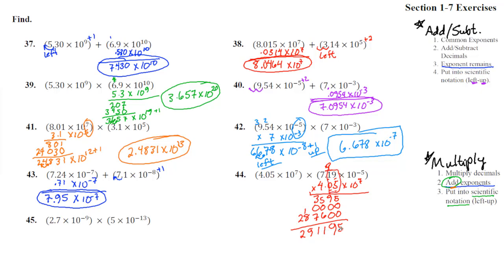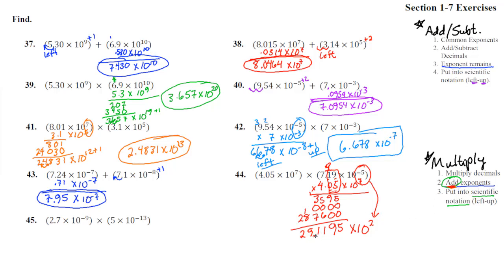So we need 1, 2, 3, 4. 29.115 times 10 to the, add the exponents. Negative 5 plus a 7, that makes a positive 2. Okay, so now we've added the exponents. Step number 3, put it into official scientific notation.